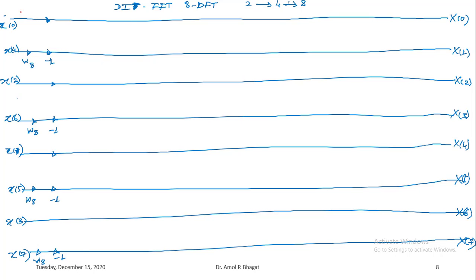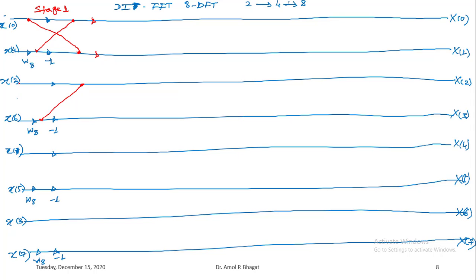Here, as per the basic butterfly structure, as we are computing 2 point DFTs, these outputs will be applied as an input to the next stage. So this is nothing but stage 1 we are looking at. Again this will be multiplied. Okay, x of 6 will get multiplied with this twiddle factor, then it will be sent as an input here.